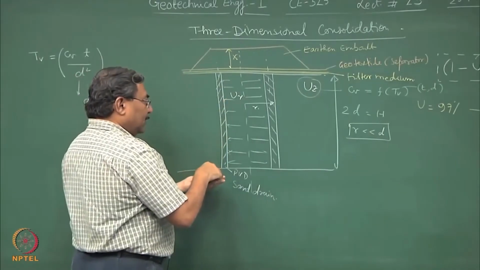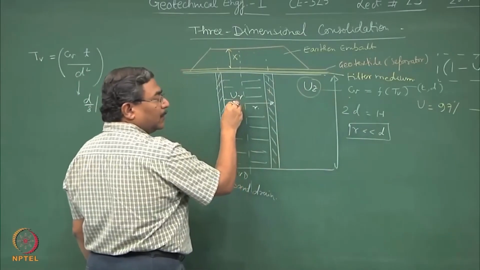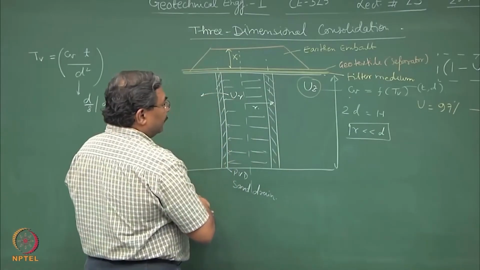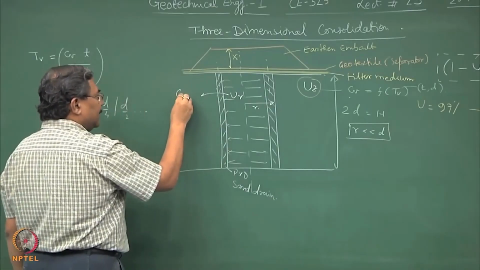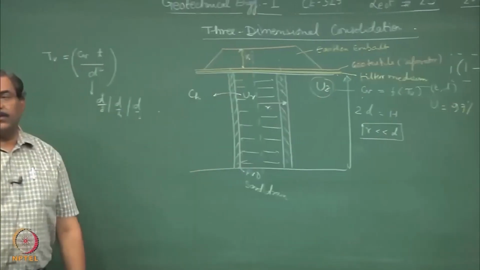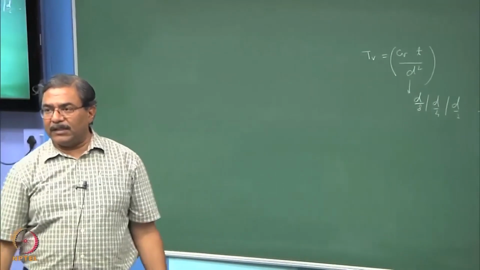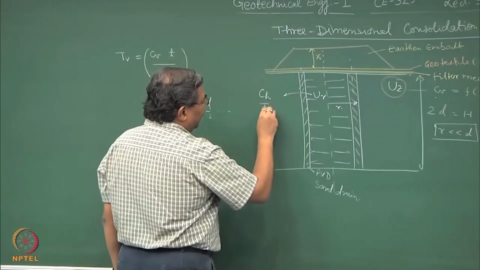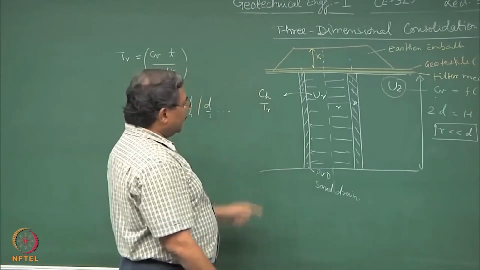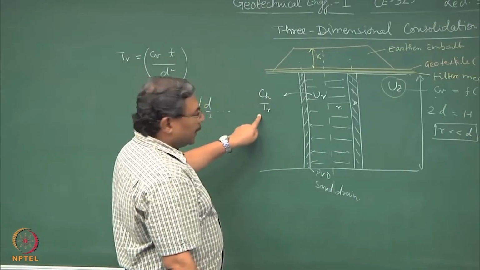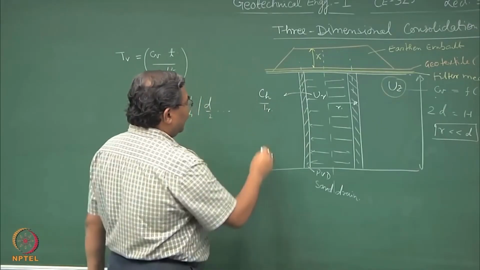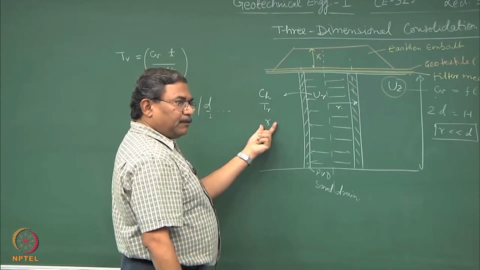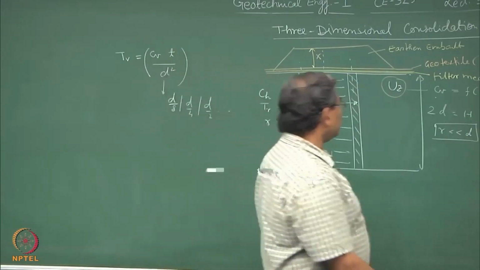So, this philosophy is valid for UR also, provided we define another term, CH. So, CH becomes the coefficient of consolidation in the horizontal direction, TV gets replaced by TR, the time factor in the radial direction, and we have a term R, which is the drainage path in the radial direction. Fine.